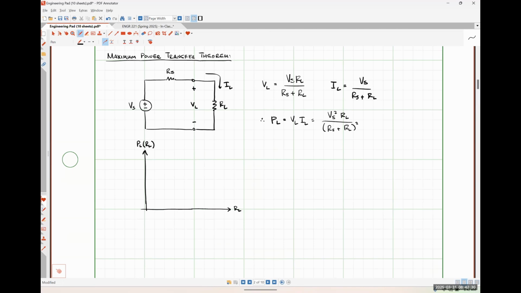On this plot, I'm going to start from a load resistance of 0 ohms, so effectively a short circuit, and I'm going to go all the way to my load resistance being infinity, or an open circuit. So this graph is telling us what the power is going to look like for literally all possible values of what our load resistor could be. And it's going to wind up looking something like this.